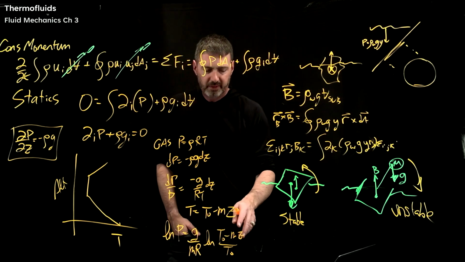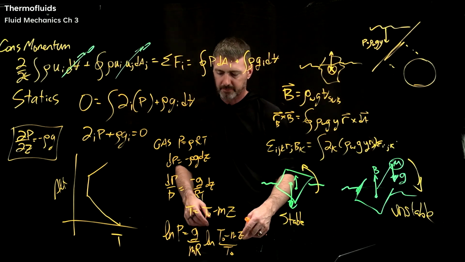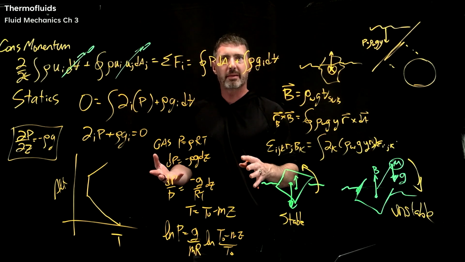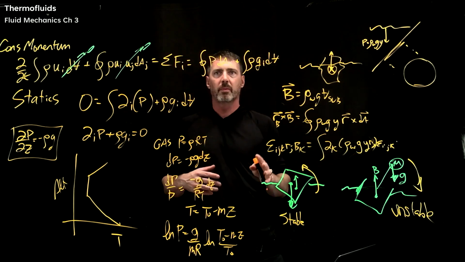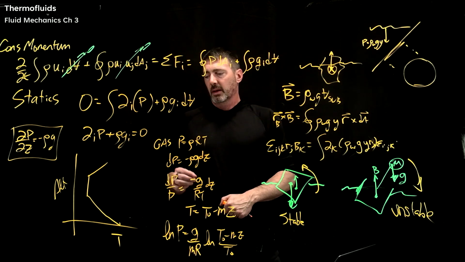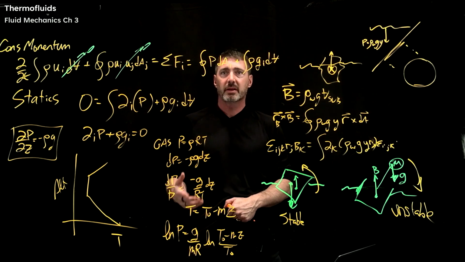And so you can get these fairly interesting relations between pressure and this standard atmosphere that you may not find useful. Really, the important part here is we can derive it. It's one of the interesting applications of fluid statics, right?